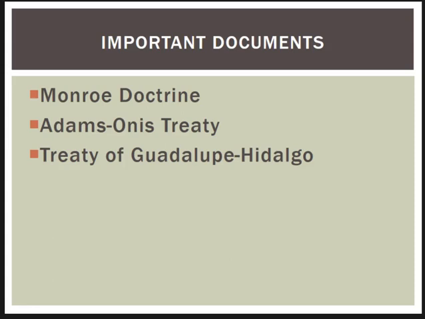The second is the Adams-Onis Treaty. That's the treaty that got us Florida. We did trade off some land north of our northern border. There was an irregular border with Canada, not the nice straight line that you see today. And so that established that as our territory.